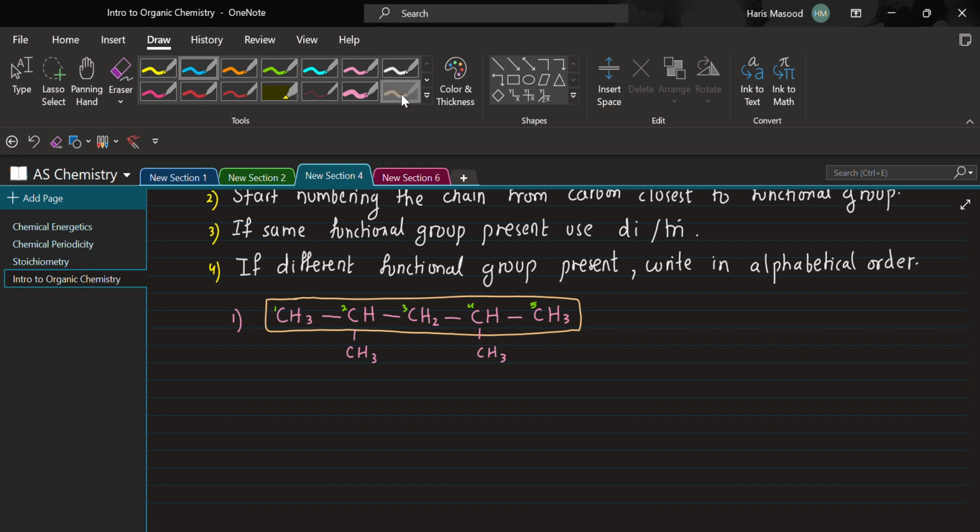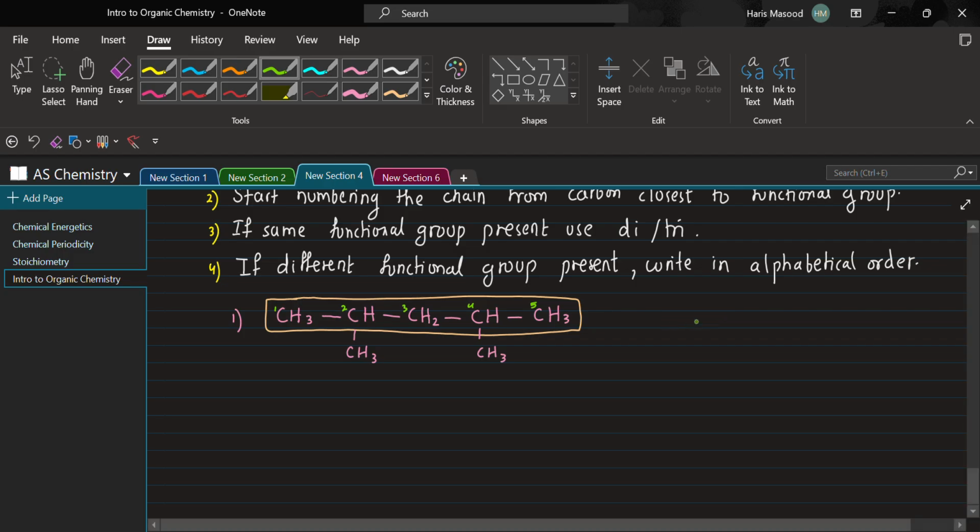These are the ethyl branches. I will write here: we have ethyl, we have propyl, and sorry, we also have methyl. I forgot to write it. Methyl would be written here.